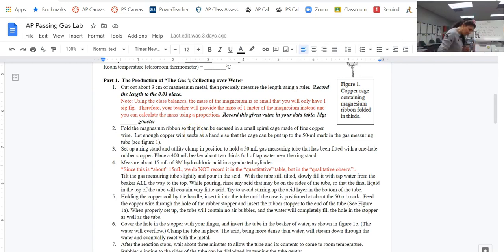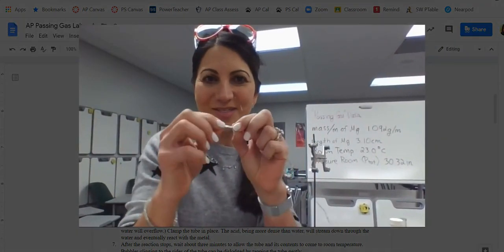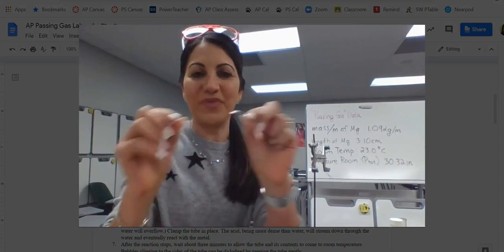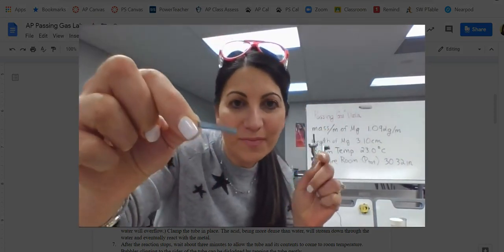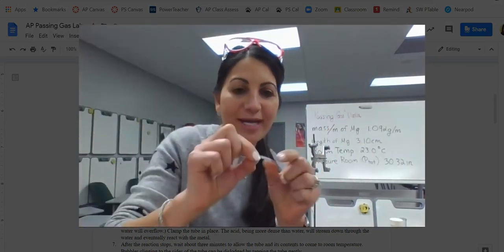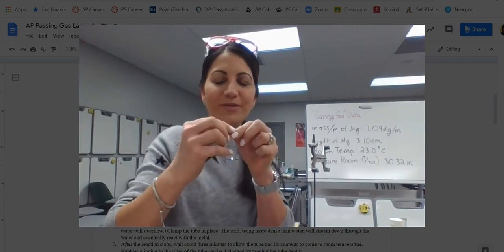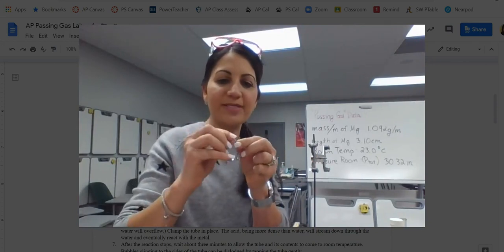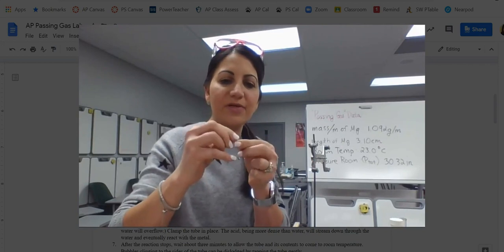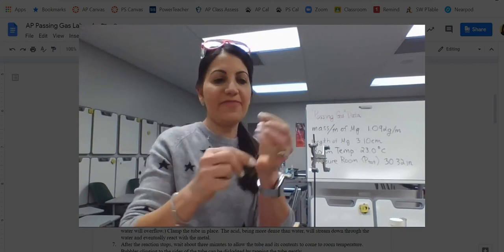While I'm reading through this, I can show you. I'm just going to fold this magnesium. It's nice because we can see that metals will bend. You can see that it's shiny and it's malleable, so I'm just going to give it a little bit of a fold.